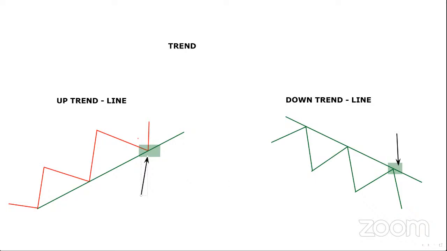So a trend line is simply a station that enables you to determine the direction and to better understand what's happening in the market, and to better figure out the best places or areas to buy or sell. Okay.